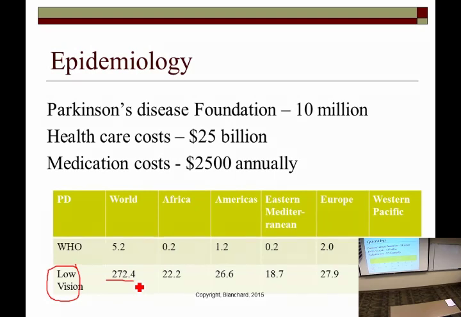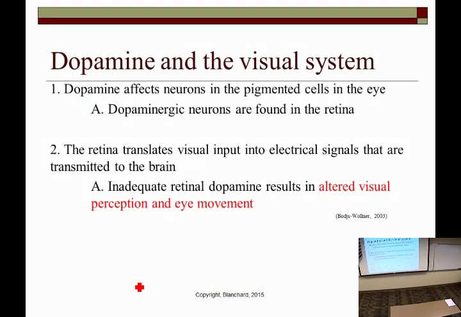Of these people with low vision in the world, Parkinson's is not in that group. However, glaucoma with peripheral vision loss and macular degeneration with central vision loss is leading the way. And my goal is to begin to look at how much of that group is actually clients with Parkinson's disease rather than age-related or race-related glaucoma. Okay.